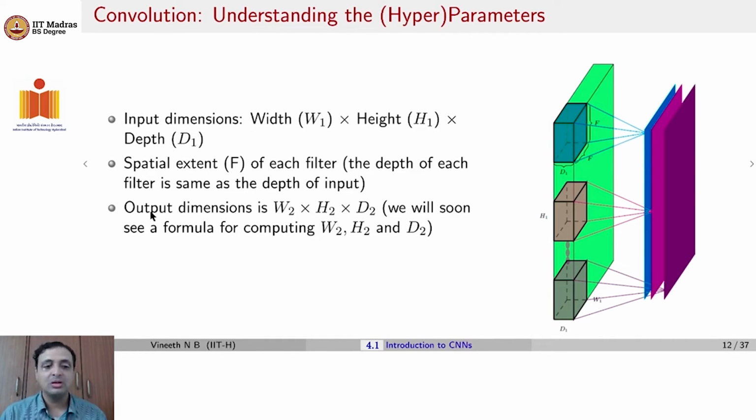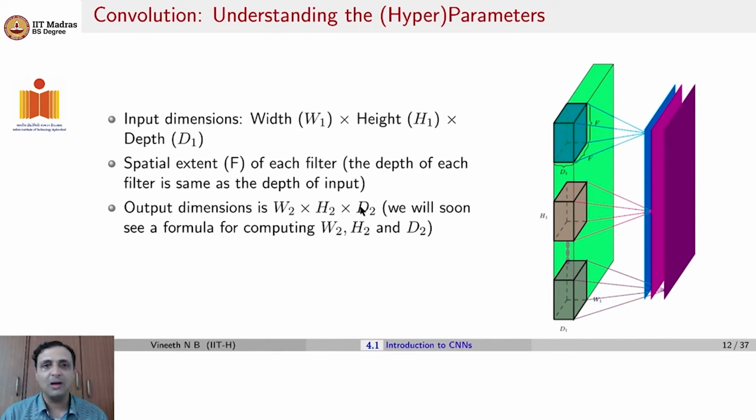Let's assume now that the output dimensions are W2 cross H2 cross D2. So we are now allowing the output to have some depth D2. If you used only one filter, this D2 will be 1. You can increase D2 by increasing the number of filters that you have.